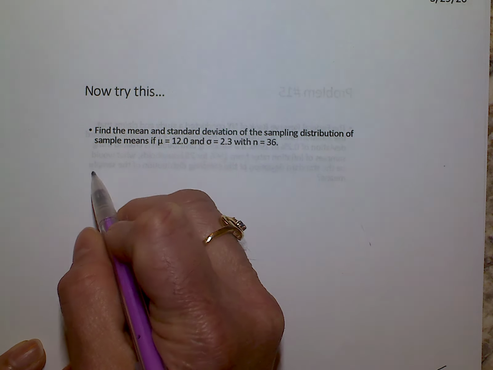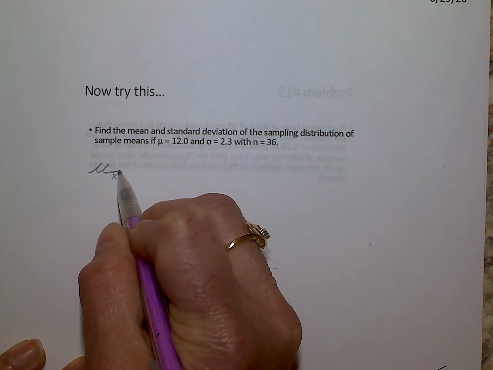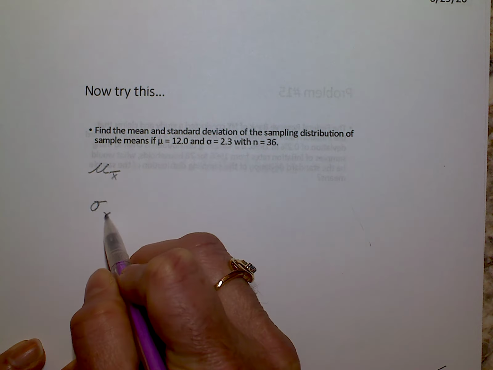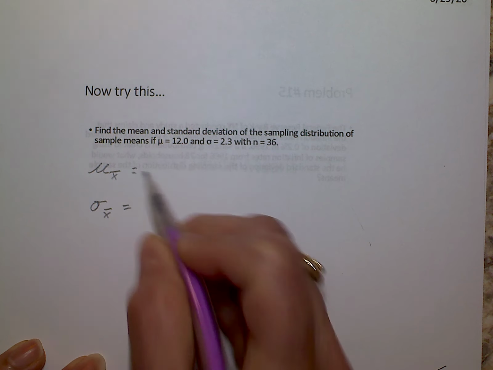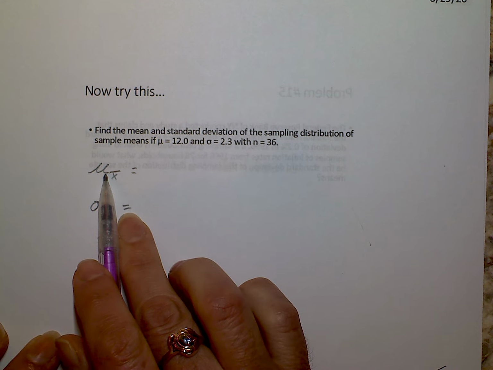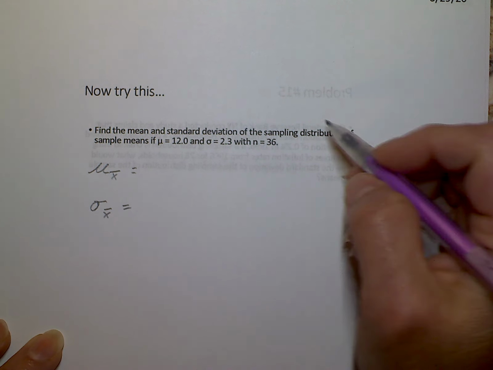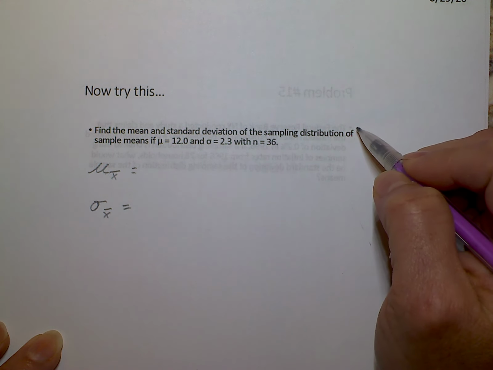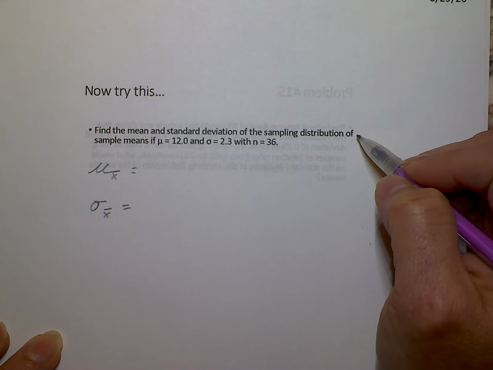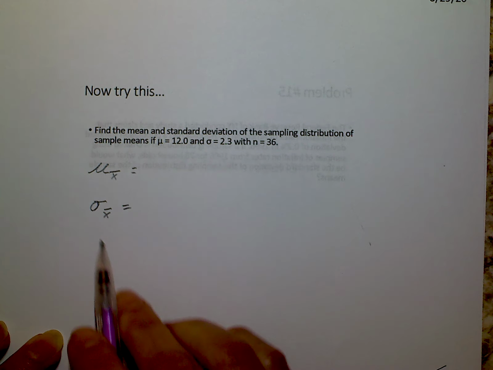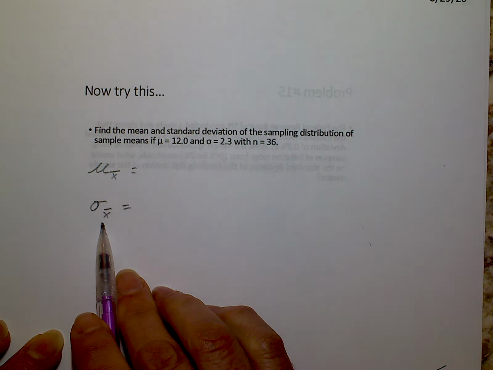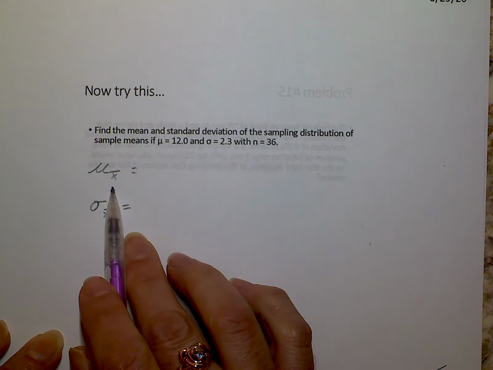So what the heck is that? That's mu sub x bar and sigma sub x bar. That's what they want you to find. Find the mean of the sampling distribution of sample means. Another way to say this, and the way that I usually say it, is the mean of the sample means. And the standard deviation of the sample means. X bar, sample mean, remember?